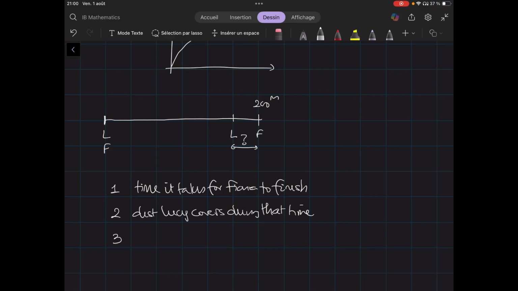And 3, we know the entire thing is 200 meters long, so the distance between the two will be 200 minus the answer that you have found in 2.